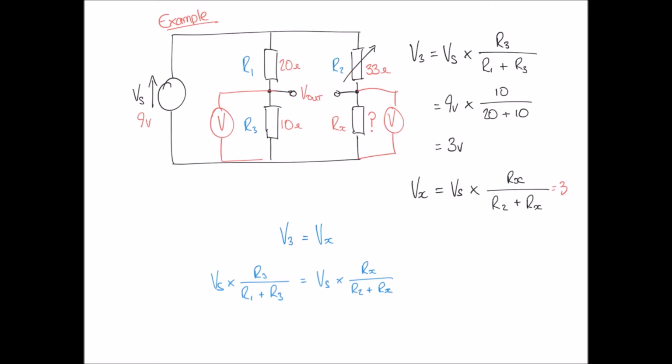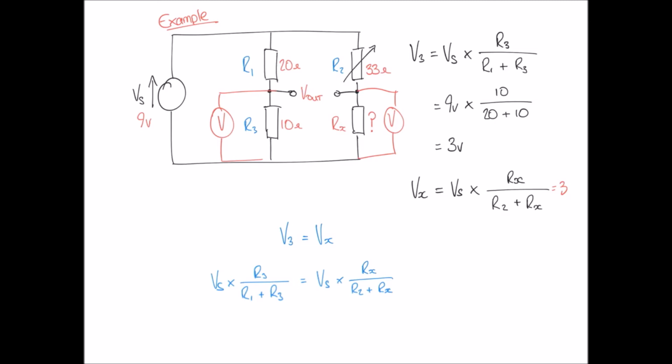So again, we're saying the same thing really. 3 is equal to 3 on the left and the right hand side, or we can say that V3 is equal to Vx on the left and the right hand side, or we can say that Vs multiplied by a fraction on the left hand side is equal to Vs multiplied by this fraction on the right hand side. They're the same 3 equalities, really, just expressed in different ways.